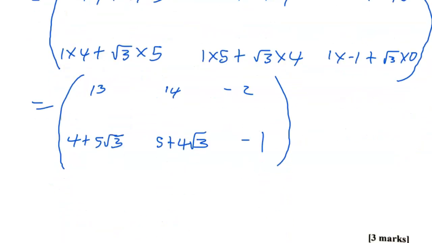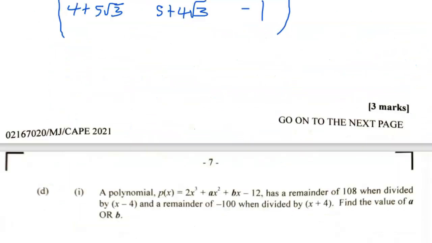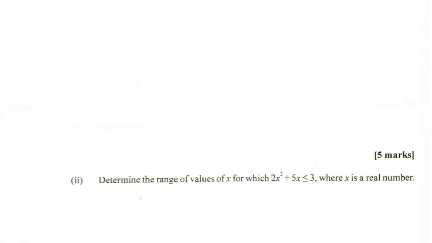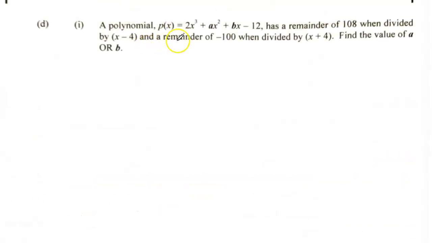Let's move on to part D. We are given a polynomial there. We are told it has a remainder of 108 when divided by x minus 4. So let's pause here. A remainder of 108 when divided by x minus 4 means that p of 4 should give us 108, based on the remainder theorem.